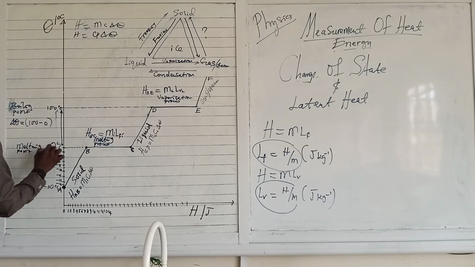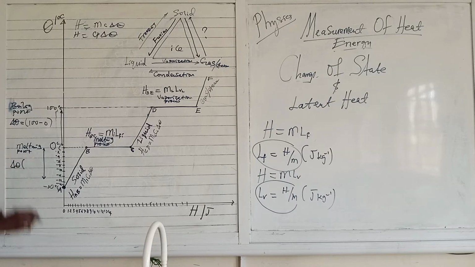Then the change in temperature from 0 down to minus whatever, here is given as what? Let's use minus 12 as a case study.